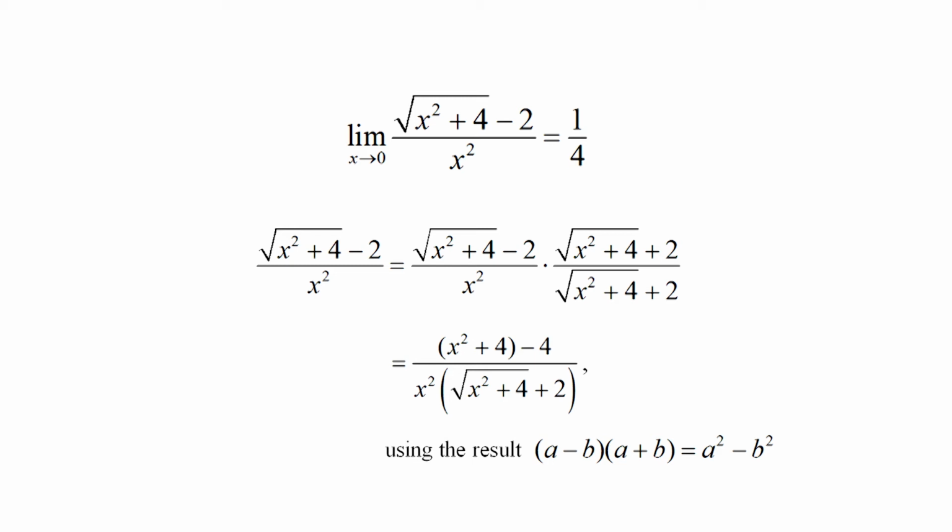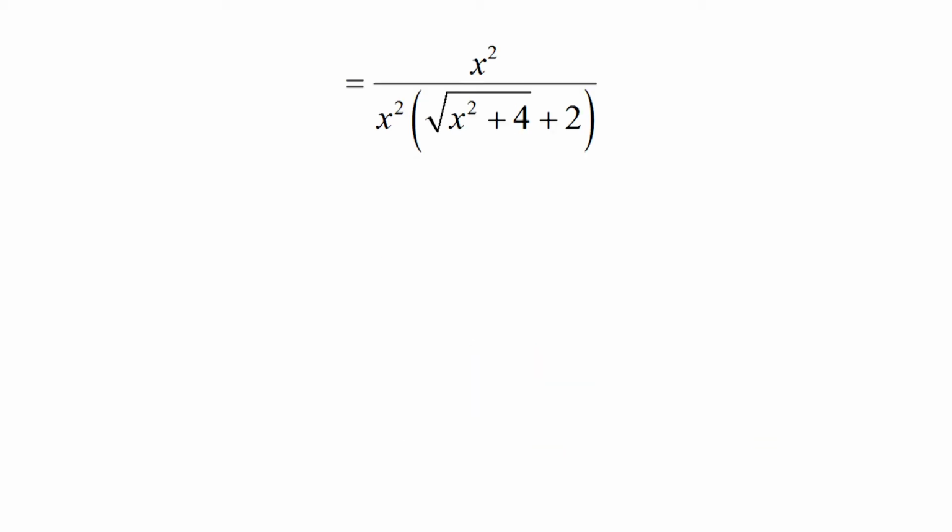Using the result (a − b)(a + b) equals a² − b², this is equal to x² upon x²(√(x² + 4) + 2) with a common factor of x², which is equal to 1 upon (√(x² + 4) + 2), cancelling the common factor x².